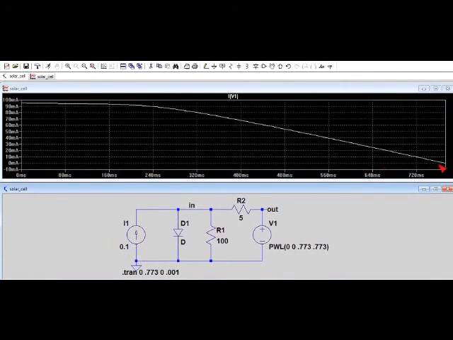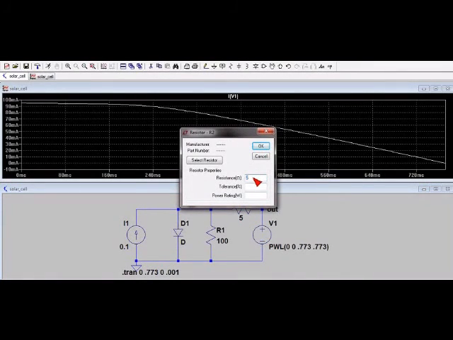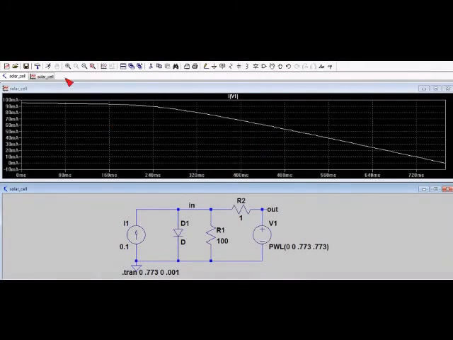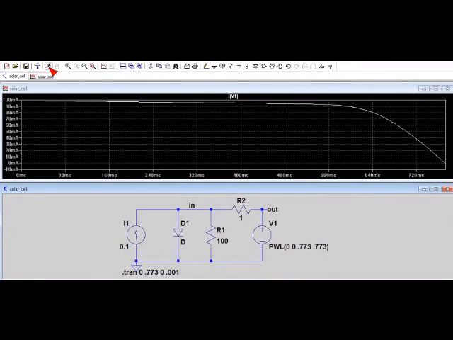We'll see, wow, this slope has changed. So the area under this curve has been diminished. So the solar cell is less capable of delivering energy to this load. So let's change this resistor back. Let's put it back at 1 ohm. Say OK. Let's reset our simulation.